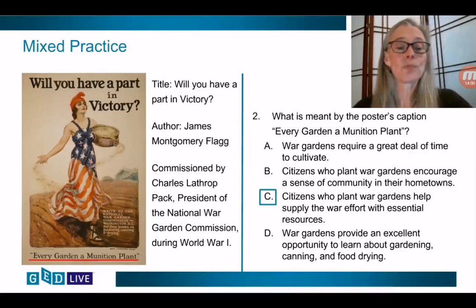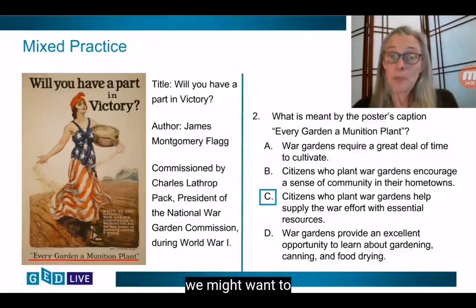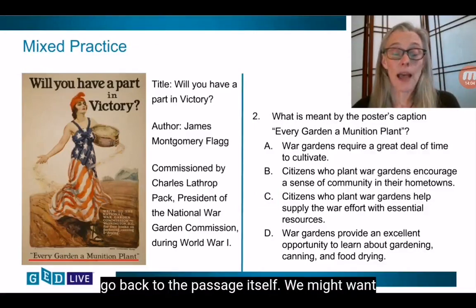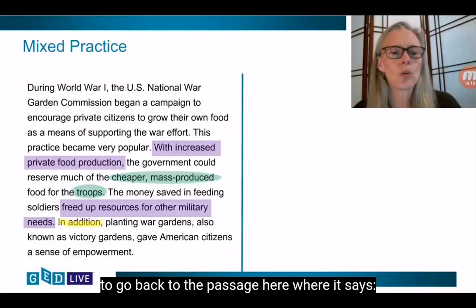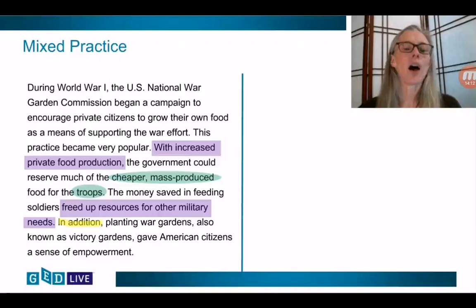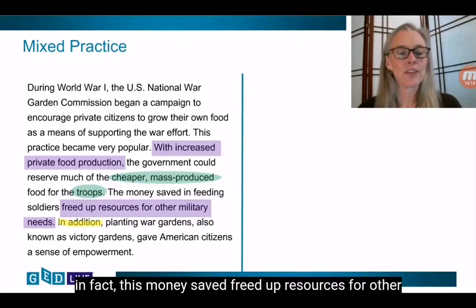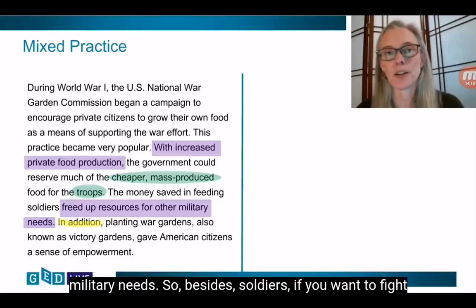So for this, we might want to go back to the passage itself, where it says, in fact, this money saved freed up resources for other military needs.